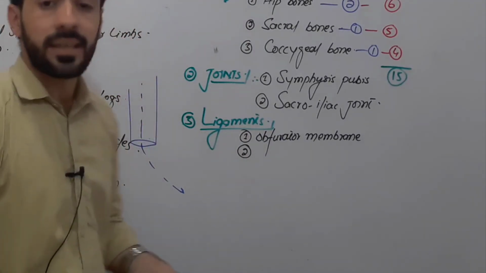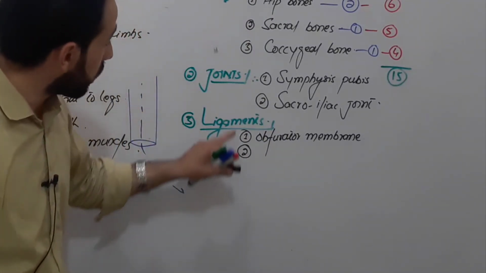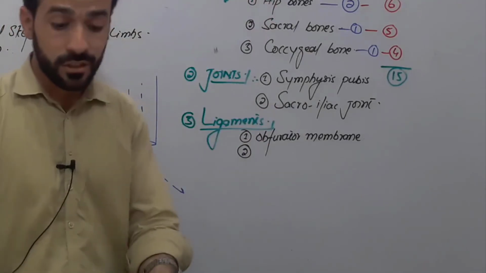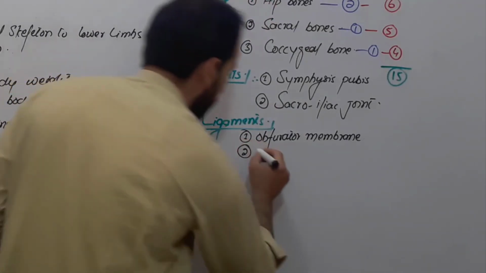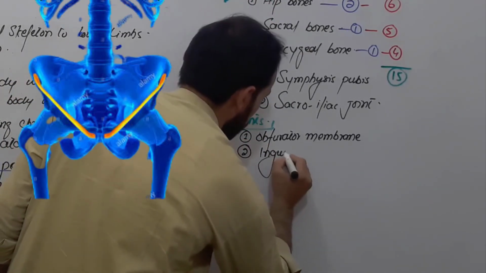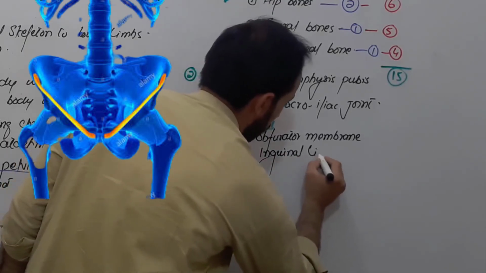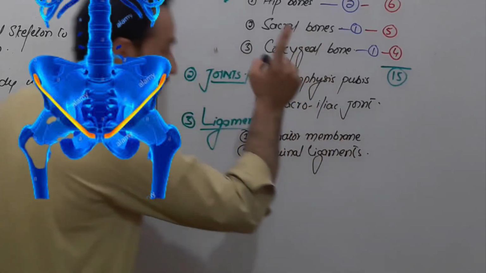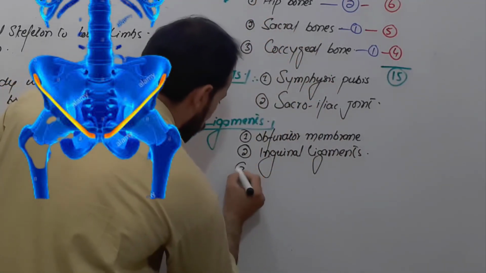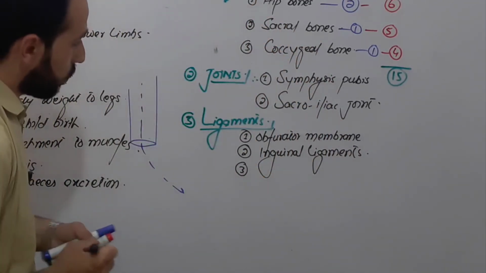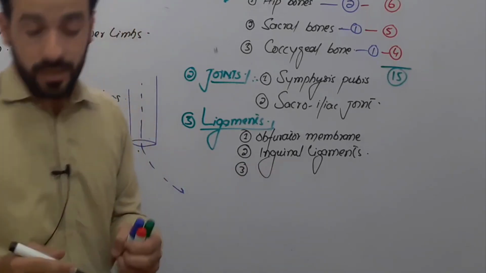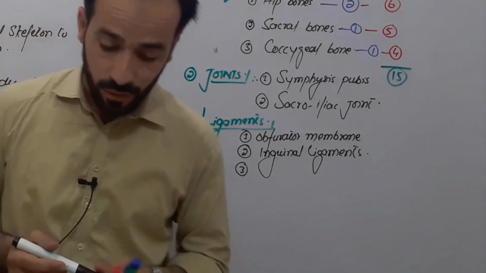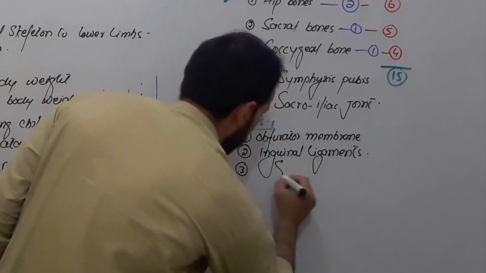The second ligament which is present in your pelvic cavity is the inguinal ligament. I'm showing these inguinal ligaments also in the corner of this video. The third ligaments which are present are called the sacrotuberous ligaments.